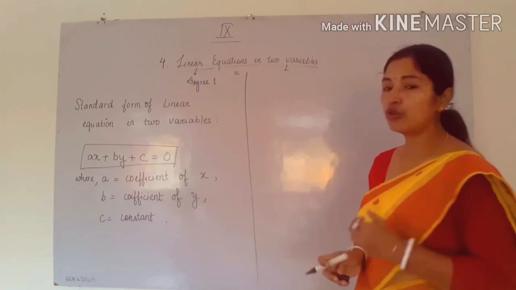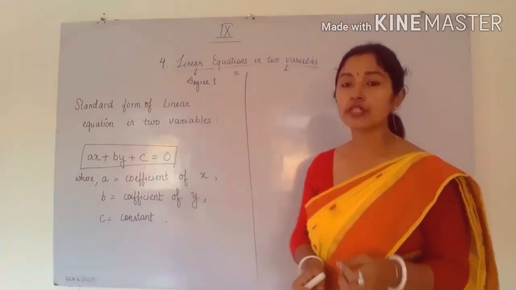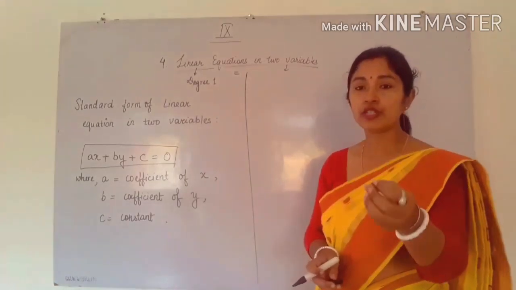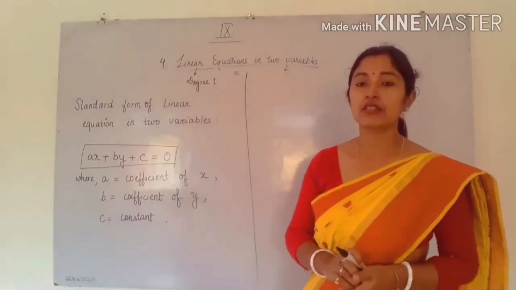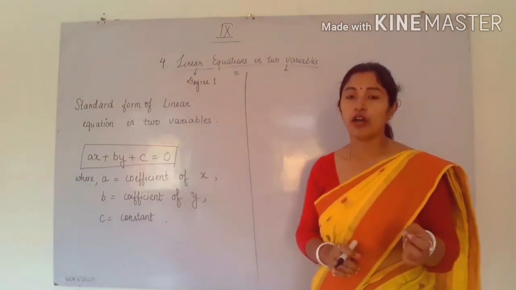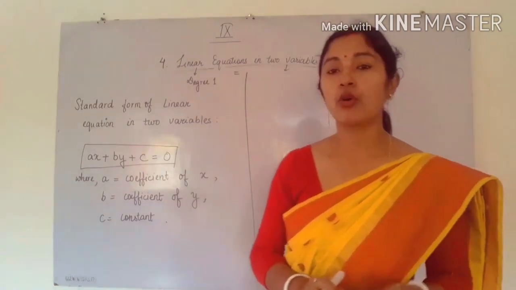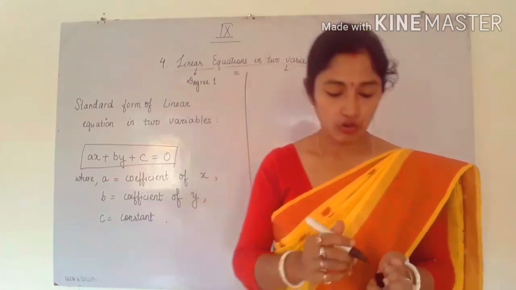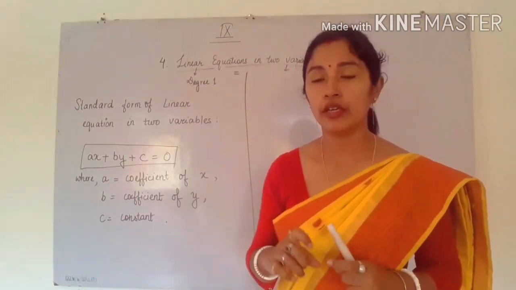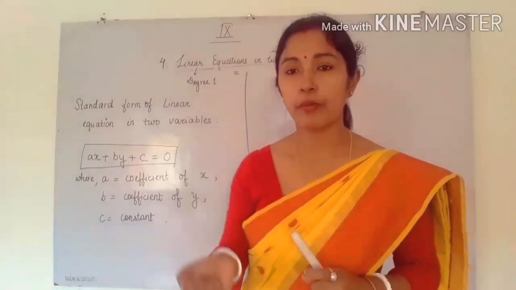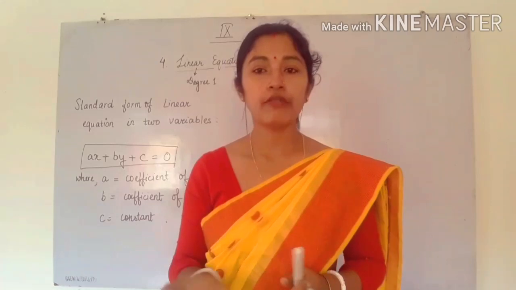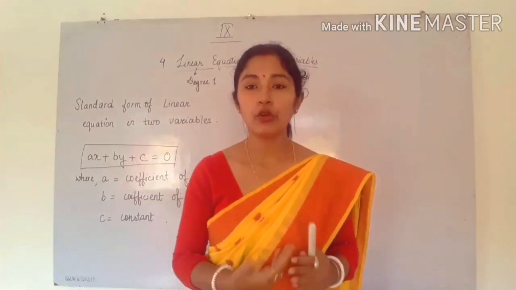Next, how to form a linear equation in two variable. For example, you have one question in your book, in the first exercise: the cost of a notebook is twice the cost of a pen. That means when we double the cost of the pen, we will get the cost of the notebook.